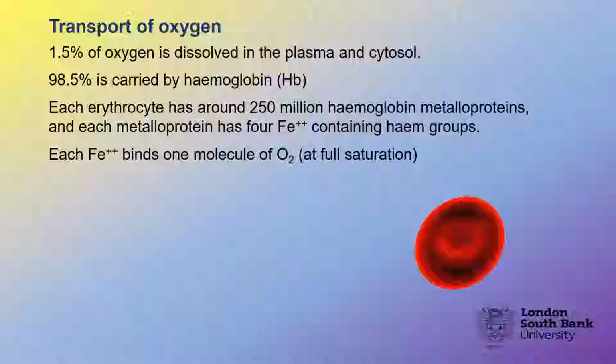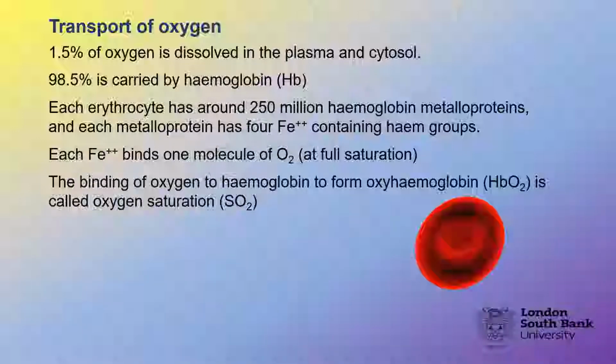Each of these ions on the heme groups binds 1 molecule of oxygen, and that's at full saturation. The binding of oxygen to hemoglobin to form oxyhemoglobin is called oxygen saturation, or SO2.